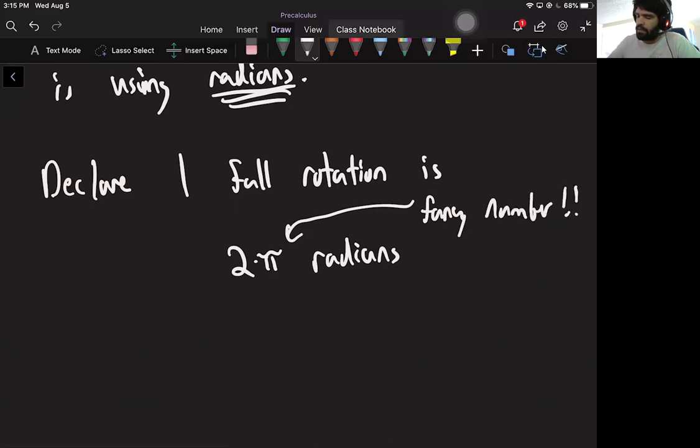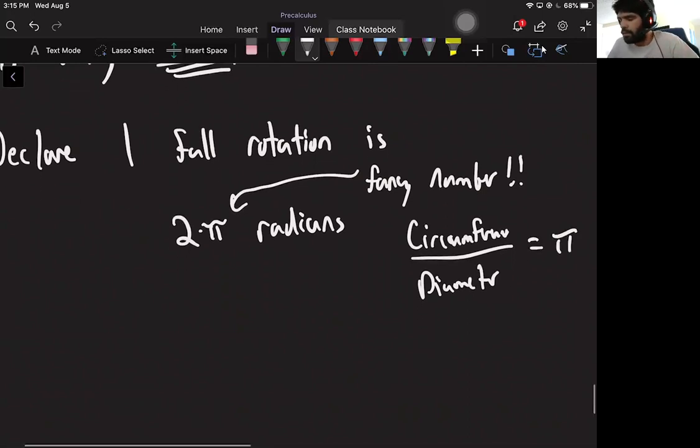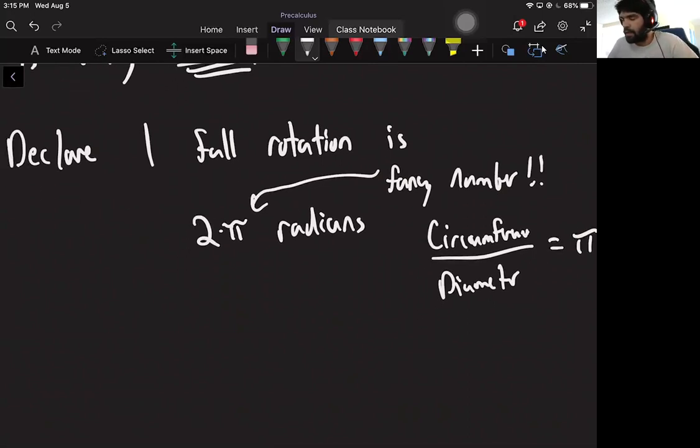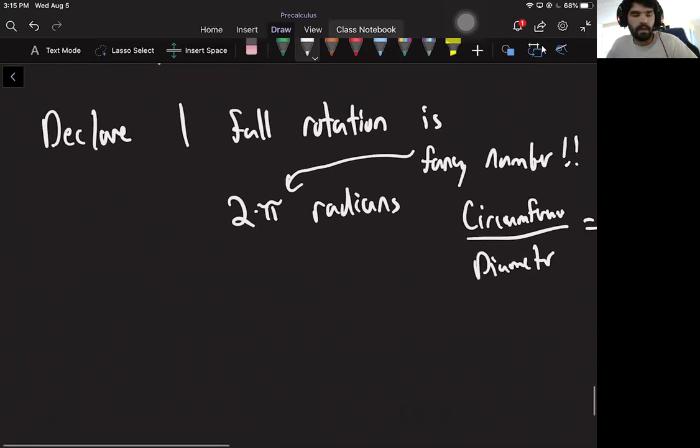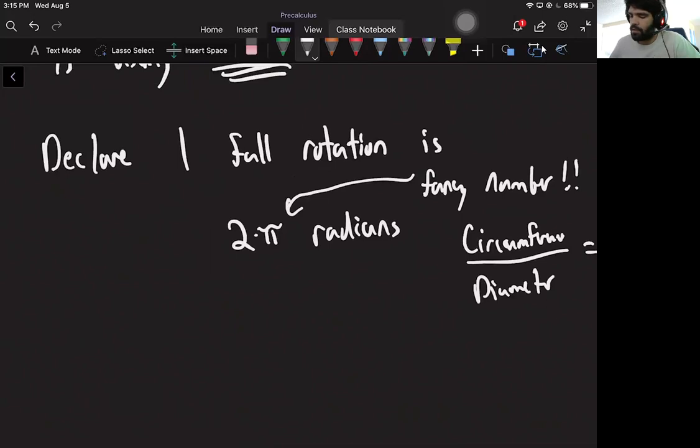And it's the ratio of the circumference to the diameter of any circle. This is what pi is. So it's always the same, which is weird, but that's what happens. And that is what we are going to think of as 1 full rotation.